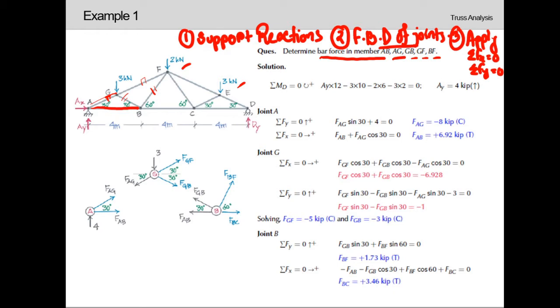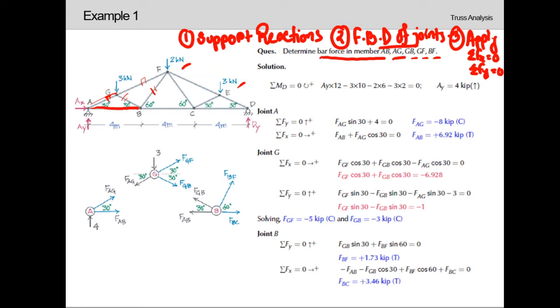So what are the advantages of determining the bar forces? When we design a truss for our structure, we need to do the truss analysis and determine the bar forces, and using those forces we need to determine the section.